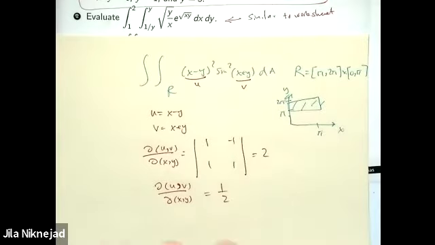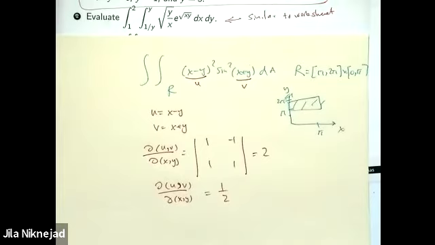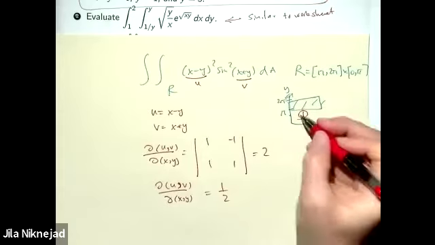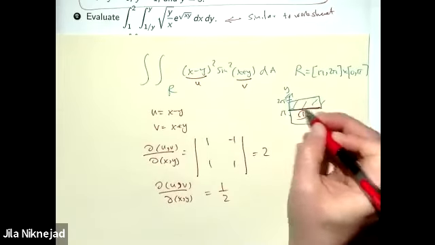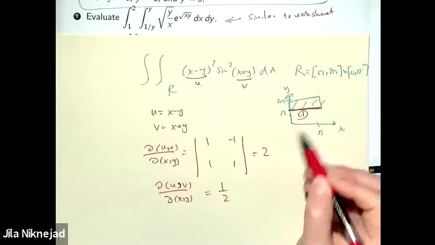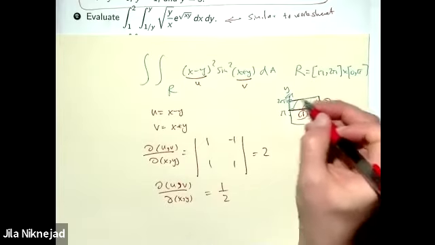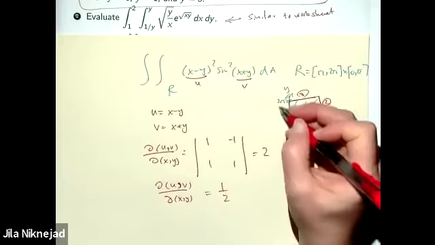Now, the integrand got simplified. Let's figure out what is going to happen to basically U and V. The first, let's see, this is the first one. I kind of want to figure out where does that boundary go, and where this boundary goes, where this boundary goes, and where this boundary goes.